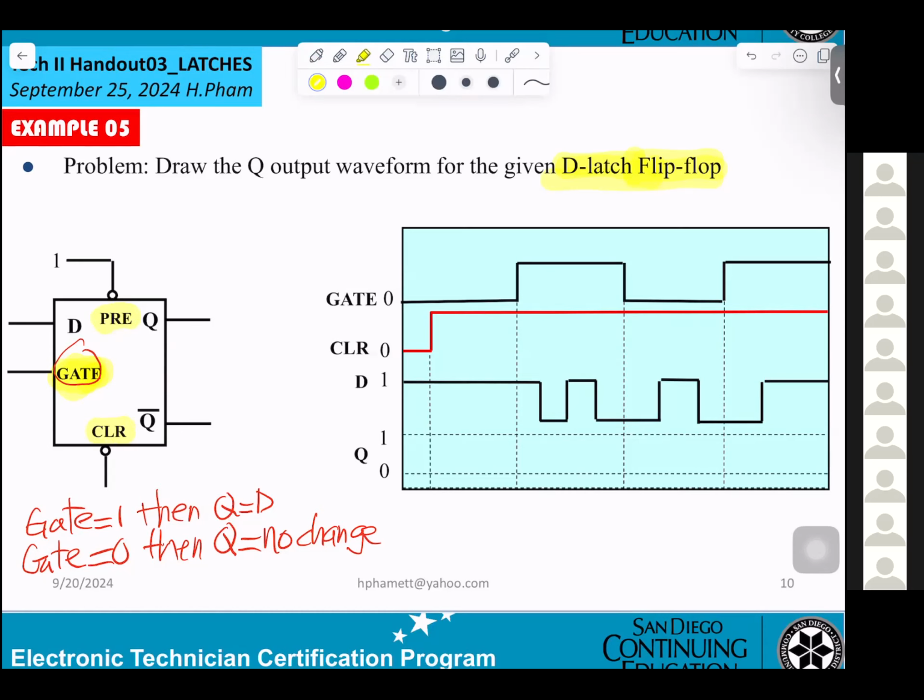One they call a preset. If preset equal 0, Q must be 1.